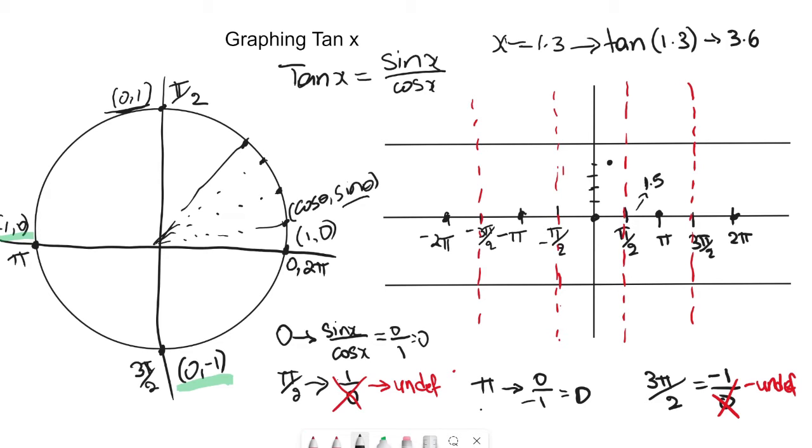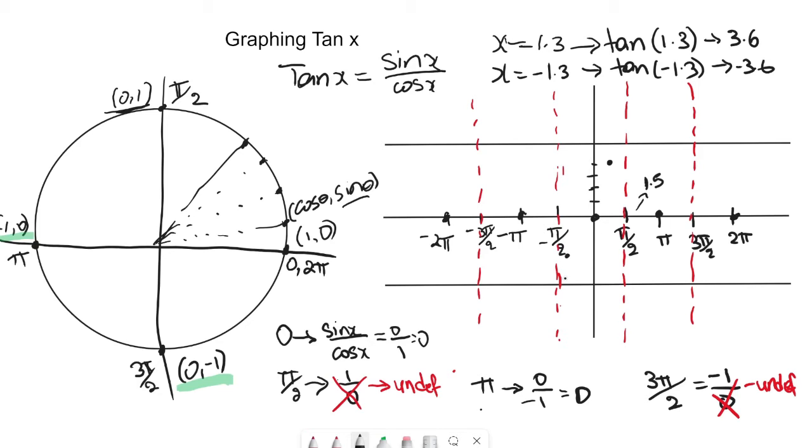And so also if we wanted to do a negative of that, if we have x equals negative 1.3, then tan of negative 1.3 is going to give us negative 3.6. So we'll be about down here somewhere.